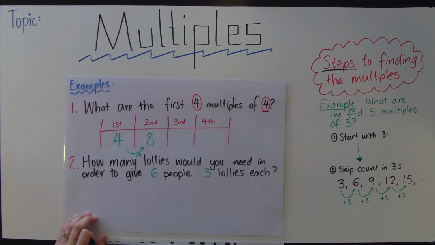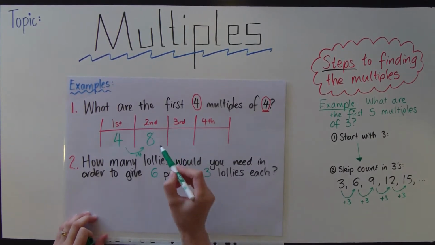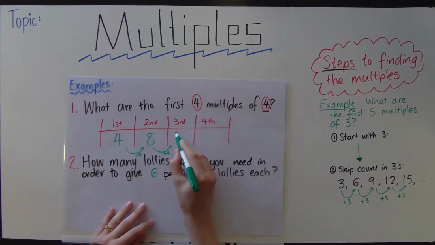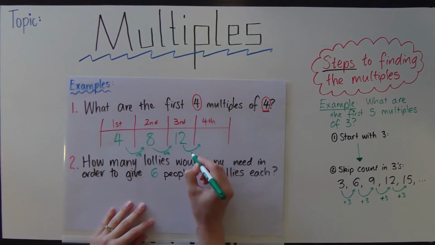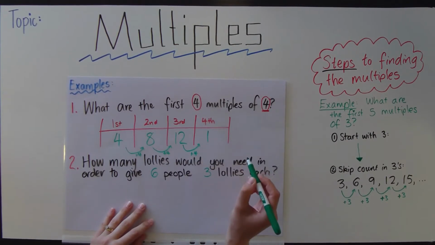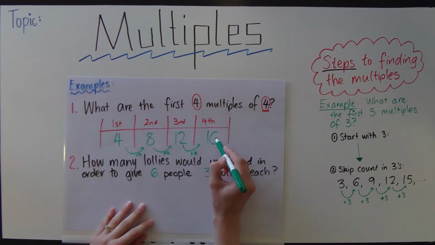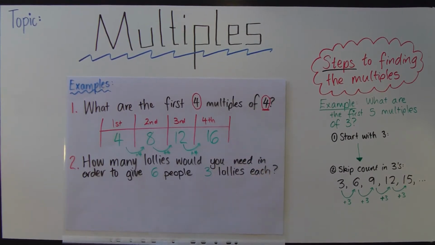So yes, and then we have 8 plus 4 is 12, and then 12 plus 4, just leaving a moment for you to think about that one. Good. 16. So the first 4 multiples of 4 are the ones just here.